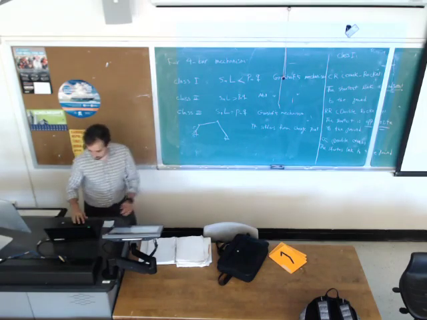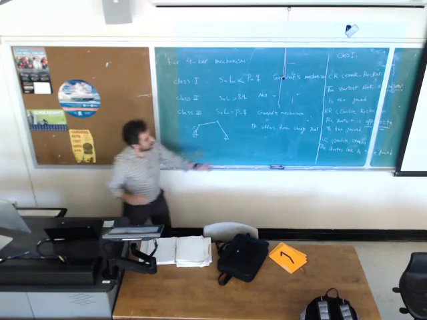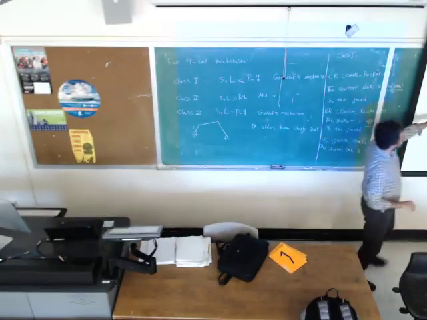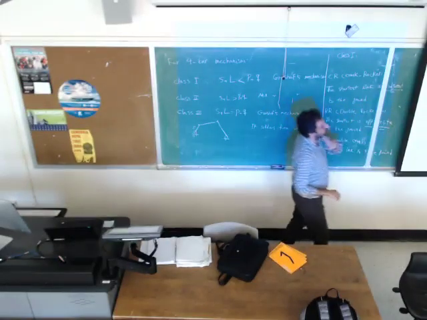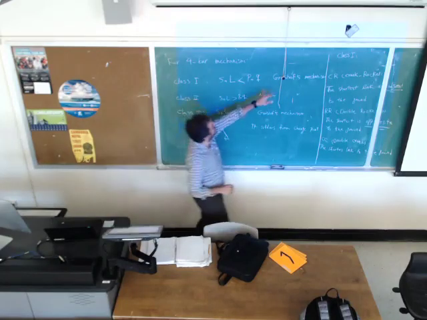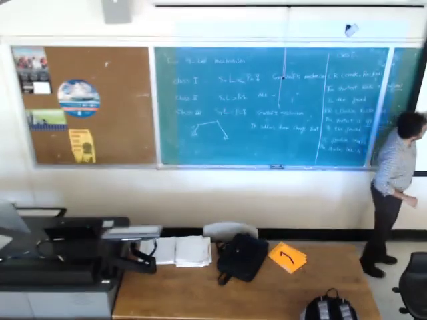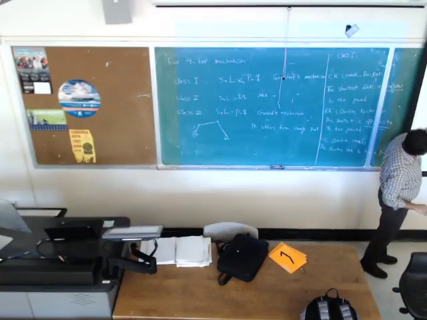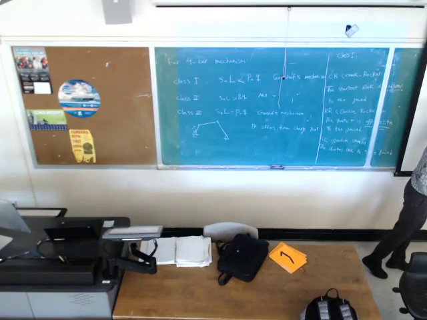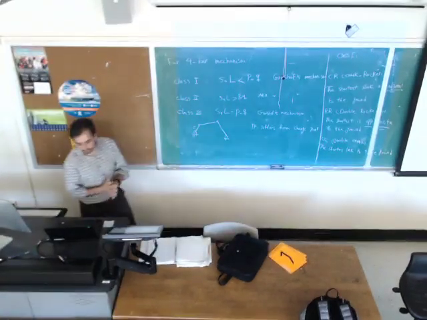So this is the Grashof mechanism because we know that based on the length of the links, the shortest link plus longest link is going to be less than P plus Q. The shortest link is going to be this, longest link, I guess it's going to be this one. So the summation of these two is going to be less than the other two links.